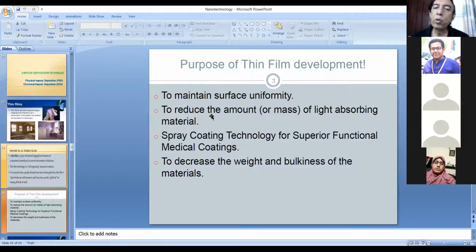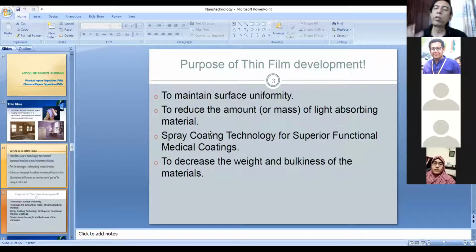It is also used to reduce the amount of light absorbing material. Sometimes some substances present in a material absorb the light. If you apply a thin film coating on it, then it cannot absorb the light. It will show the luster of color.